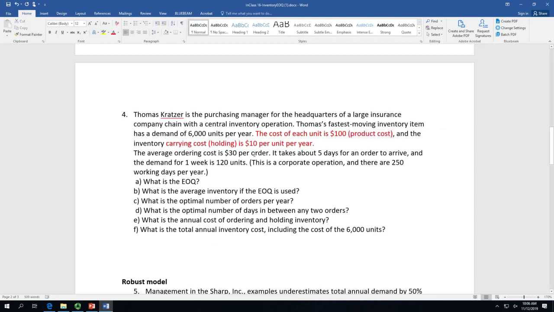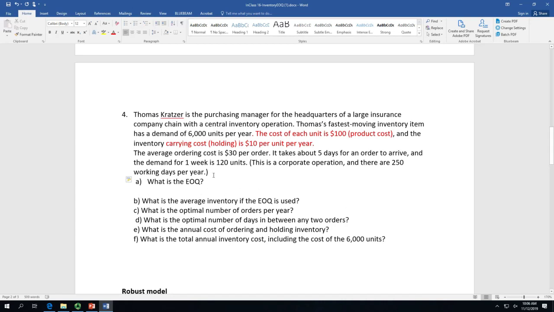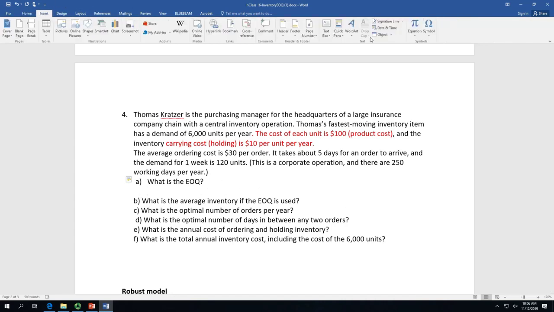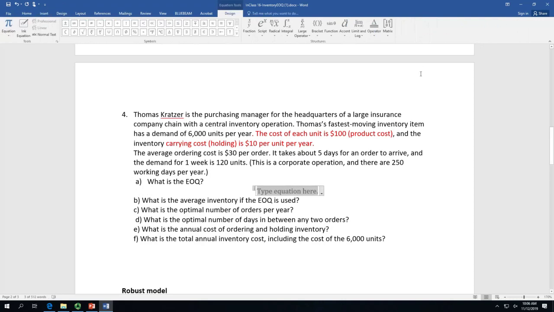And here the ordering cost is very clear. We don't have to make any notation. And then what is the EOQ? So this one, I'm going to use the equation right away. Here's the Q star. The EOQ means optimal order quantity.